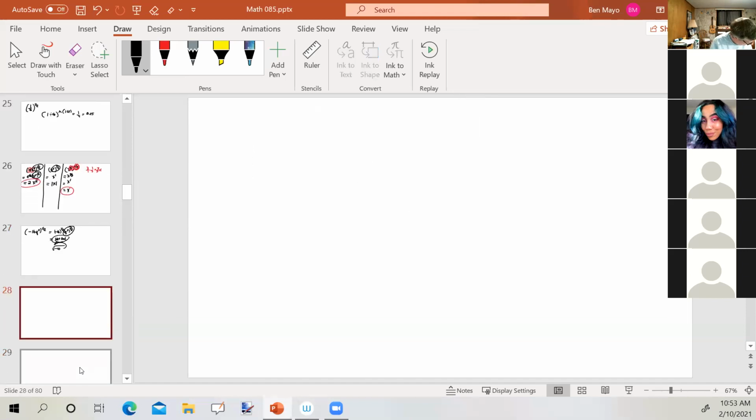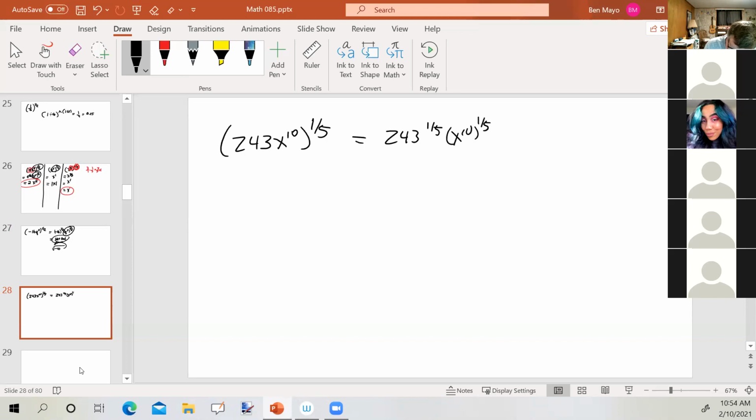Okay, how about this? 243 x to the 10th power all to the 1/5 power. So this would be 243 to the 1/5 power, x to the 10th to the 1/5 power. Let's see, 243 to the 1/5 power. Let's put that in our calculator. 243 to the 1 divided by 5 power.